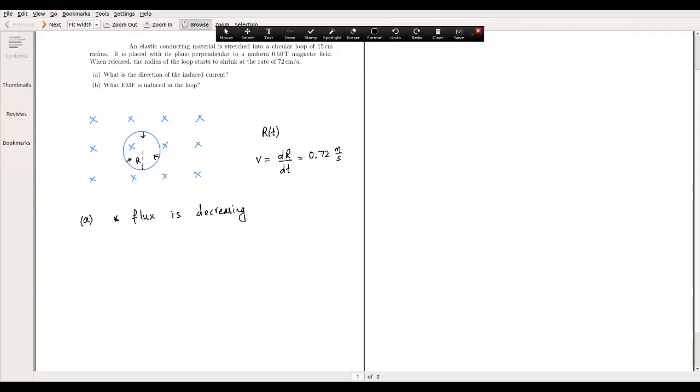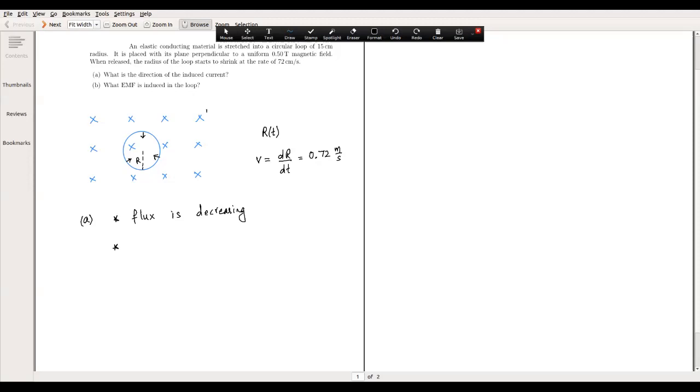If the flux is decreasing, Faraday's law states that the system will try to increase the flux. It will oppose this feature that the flux is decreasing. So it will try to increase the flux. And the way it will do it is that it will try to induce a magnetic field.